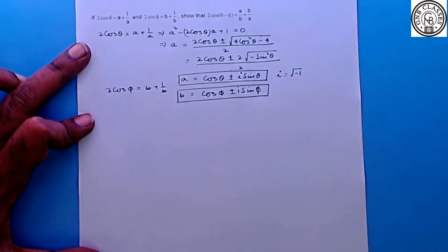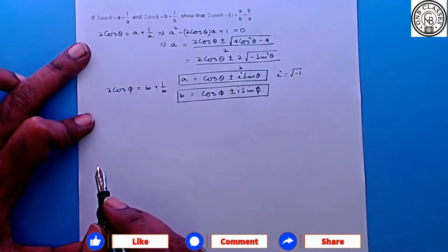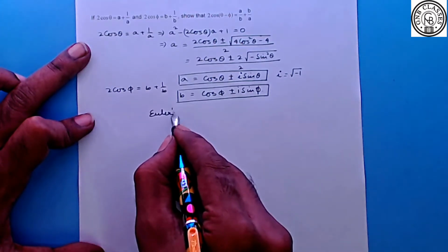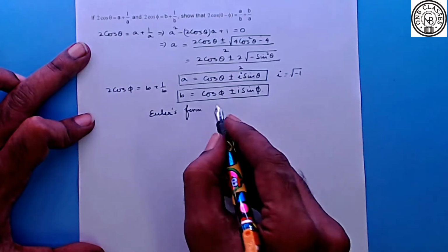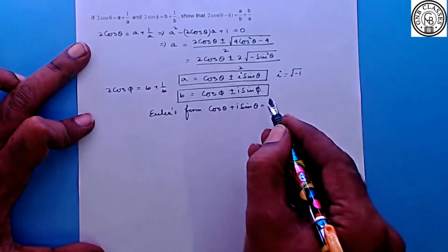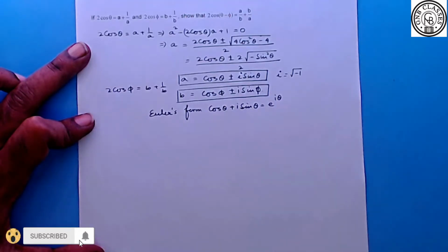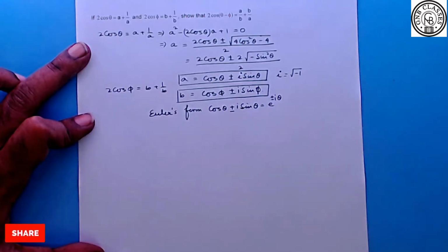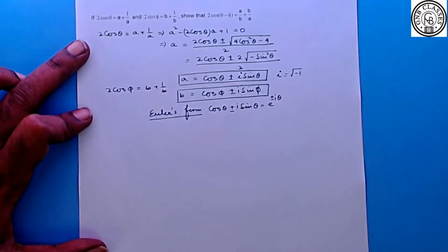Now, those who have already done complex numbers know that Euler's form is something like this. Cos theta plus iota sin theta can always be written as e to the power i theta, and if it is a minus sign, then a minus sign will come here. So cos theta plus minus iota sin theta is e to the power plus minus iota theta. This is called Euler's form.